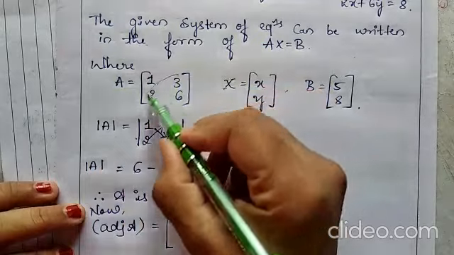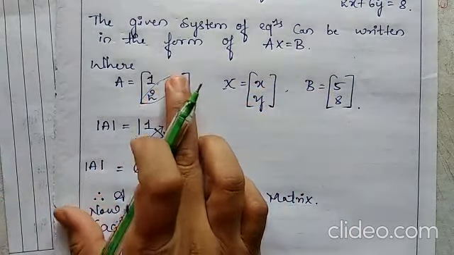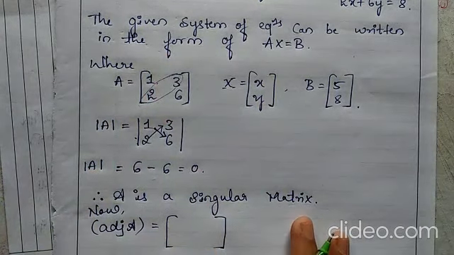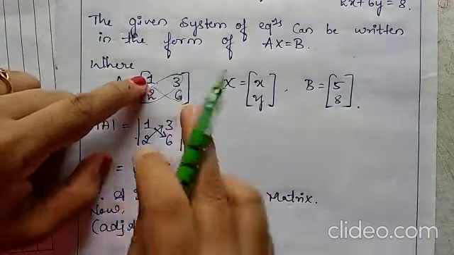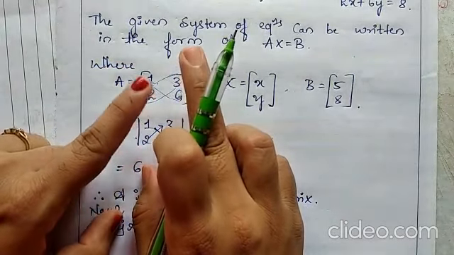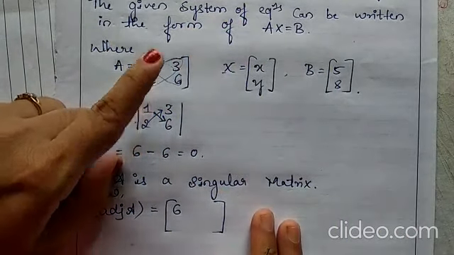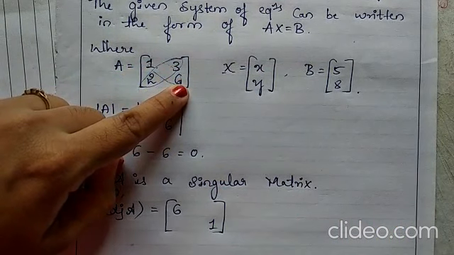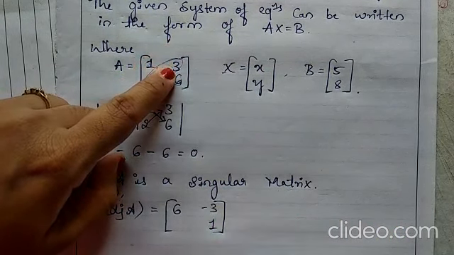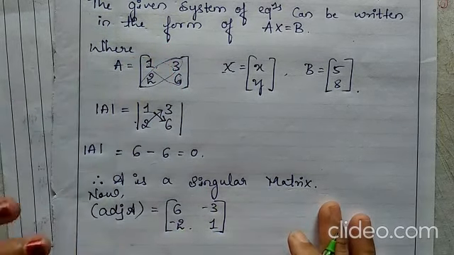Between the other two elements we change the sign. Both are positive, so we write them as negative. So in place of 1 I will write 6, in place of 6 I will write 1, plus 3 becomes minus 3, and plus 2 becomes minus 2.